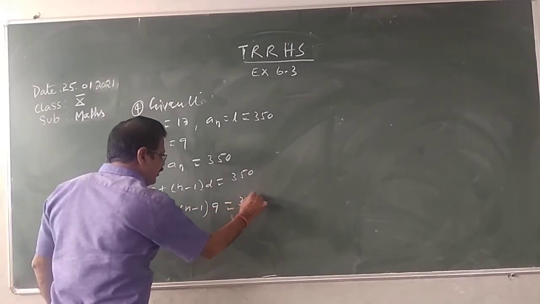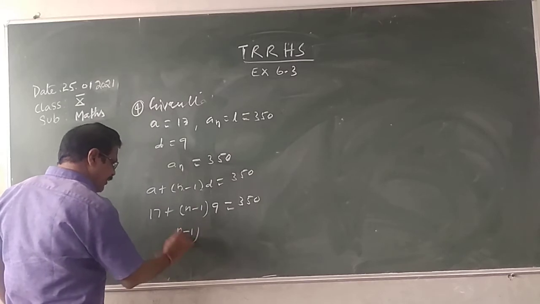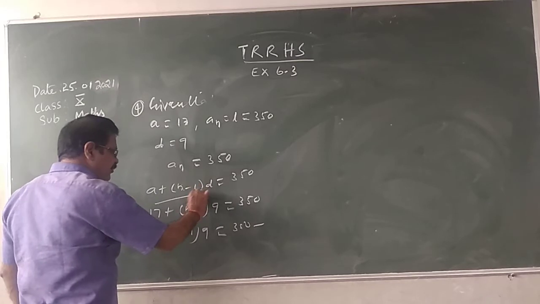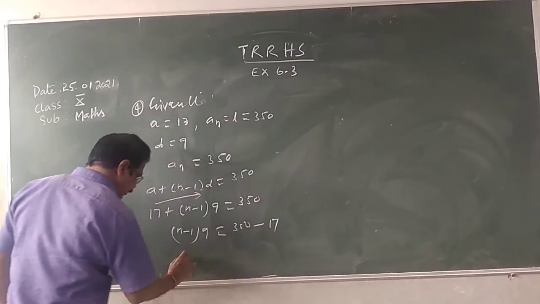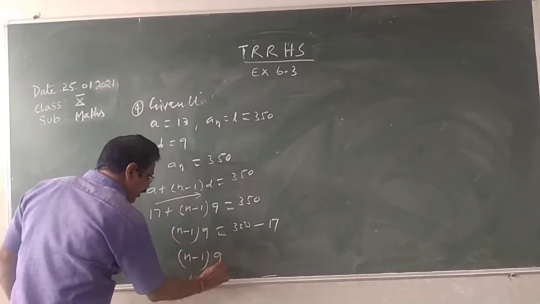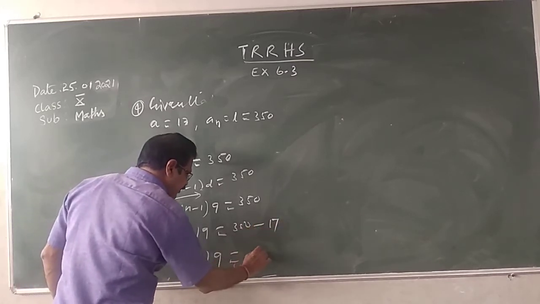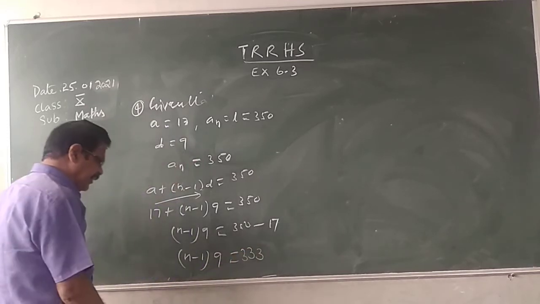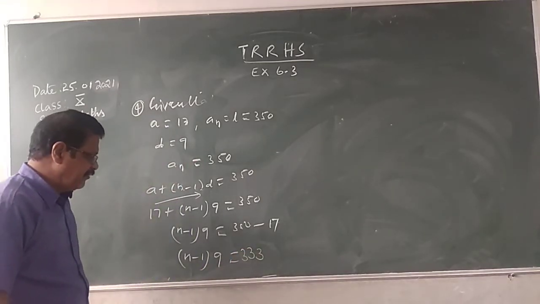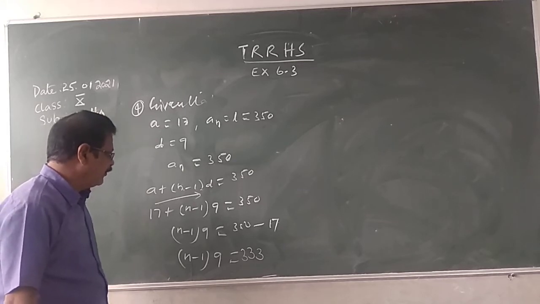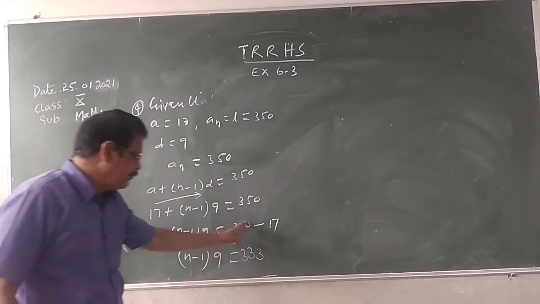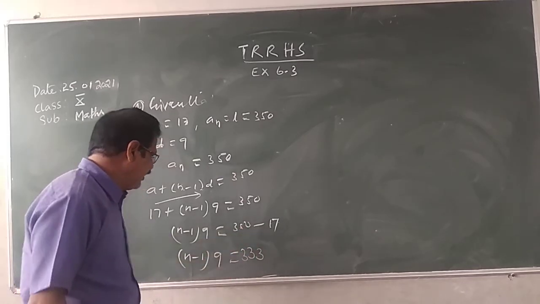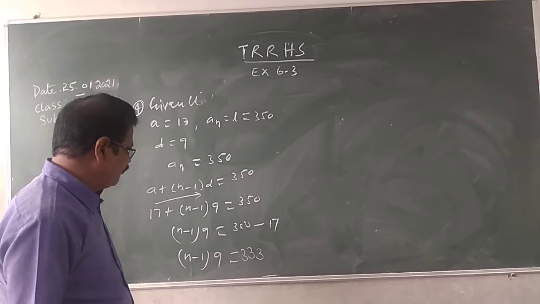So 17 plus (n minus 1) into 9 equal to 350. Shift 17 to the right side: (n minus 1) into 9 is equal to 350 minus 17, which is 333.